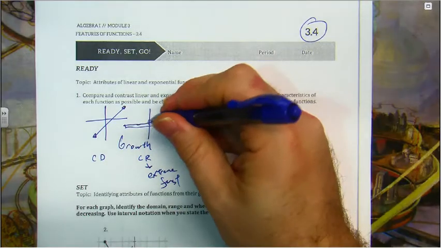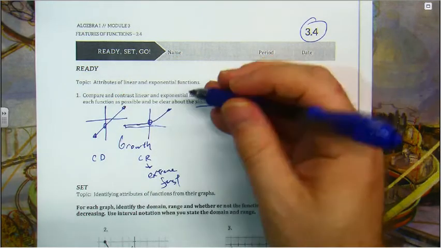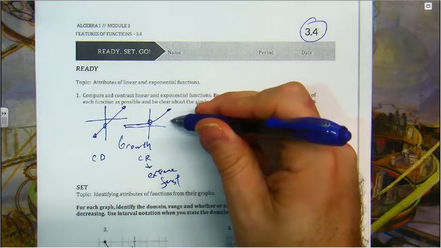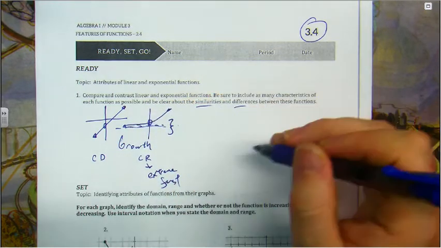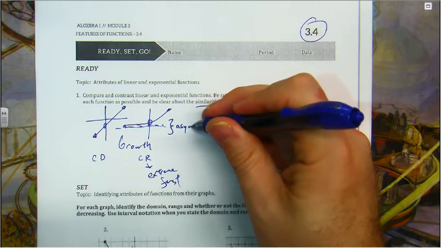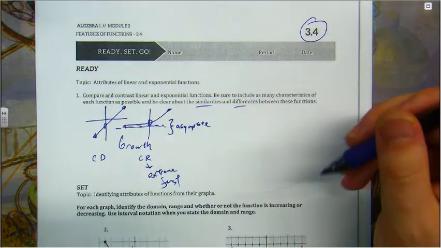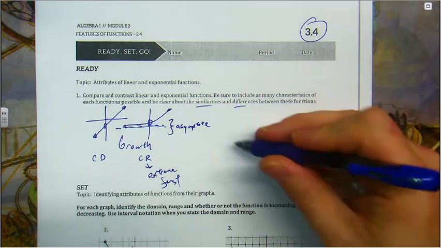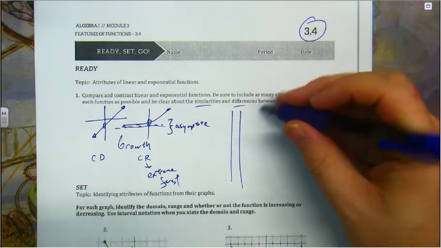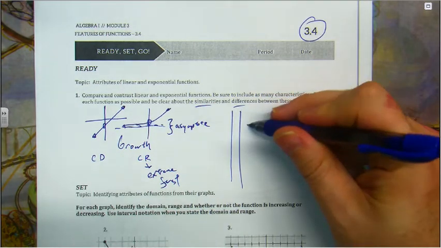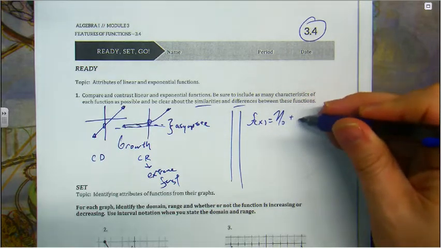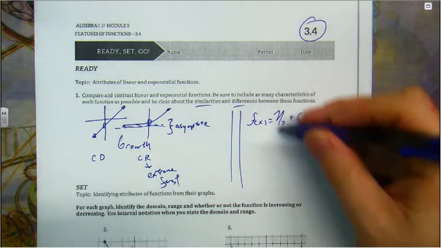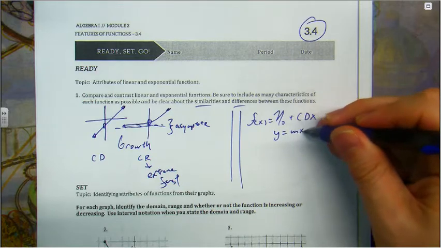There's intercepts. Intercepts are going to be the same. Exponentials will have some sort of line that they can't touch called an asymptote, and such like that. We know our equations, right? Our equation for a linear is going to be some f of x equals our n sub 0 plus our common difference times x, which is the same as y equals mx plus b.